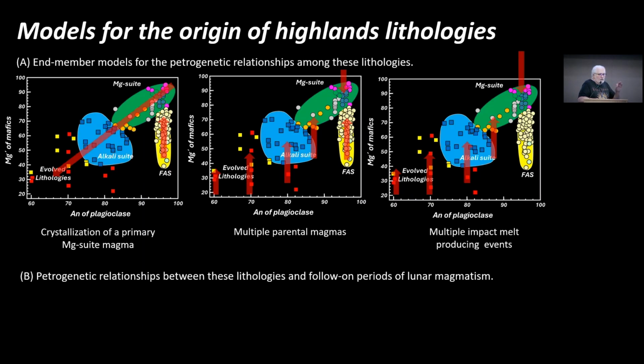Now, what would be really key to examining these and establishing chronology and evolution is to look at the parental magmas for these. Unfortunately, all of these rocks are plutonic in nature, and it has long been a search for petrologists to look at magnesium suite parental magmas that are volcanic in origin.